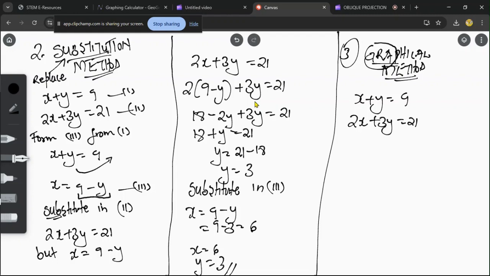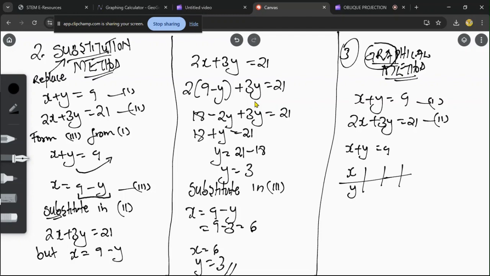I'll come and have their values. So for example, equation 1, let me write this one is 1 and this one is equation 2. So I come and have a table. So x plus y is equals to 9. So I have a table of x, and here I have y. I just have maybe 3 points alone.